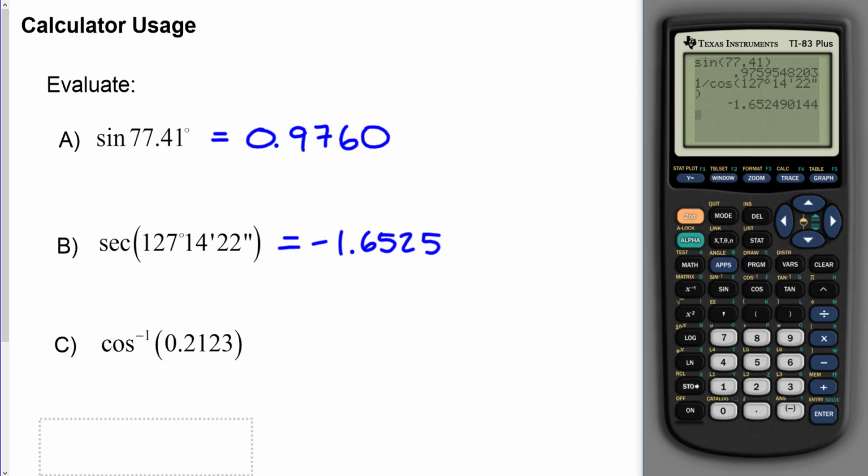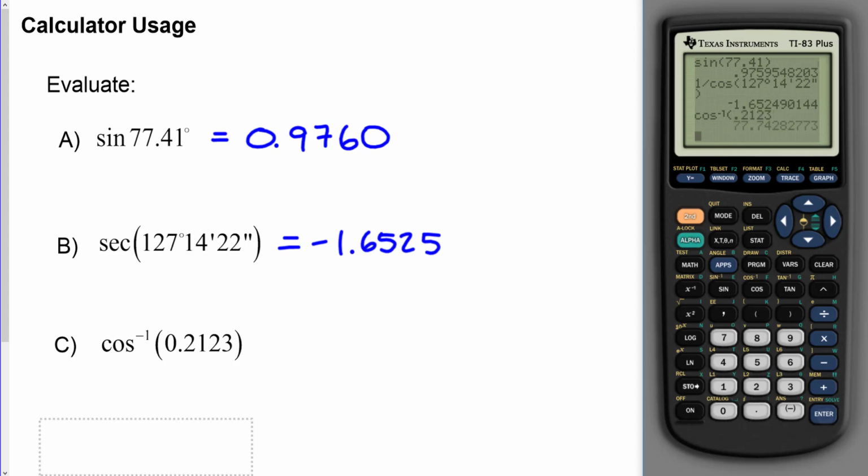Arc cosine of 0.2123. It's definitely a good idea to start getting into the habit of reading this as arc cosine instead of as the inverse of the cosine, because that'll help you remember as you're doing this more and more that you're not doing 1 divided by cosine, that you're doing cosine to the -1 power, which means the arc cosine.